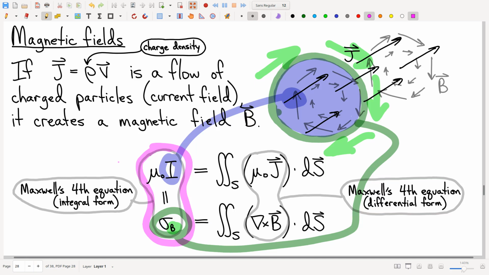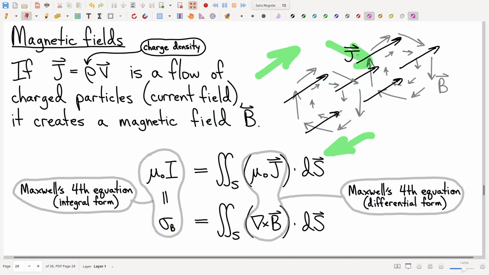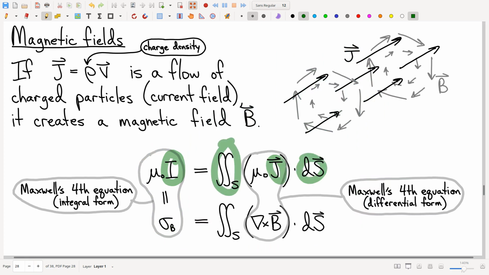All right. Okay. All right. Well, flow rate is a flux. And think back to the very first time that we wrote down flux.